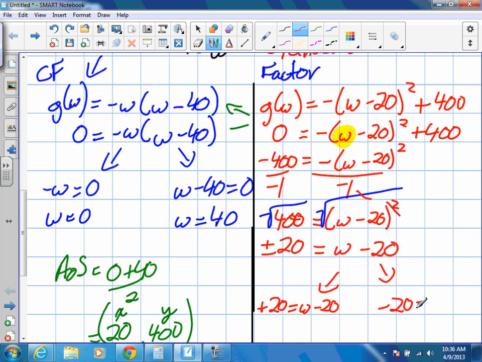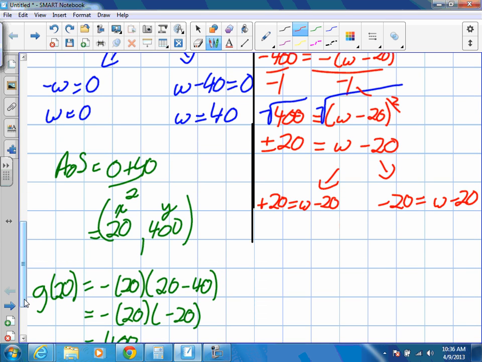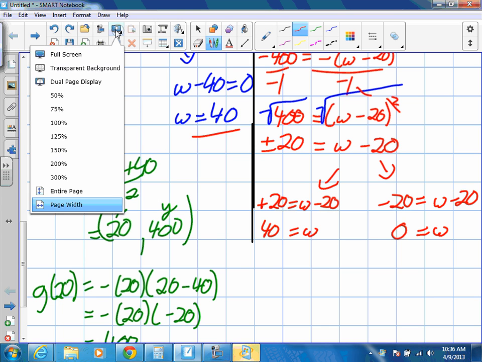Same idea as factoring, because we have two answers, we have to solve for two different answers. So we bring the other 20 over here, and we're going to get w is 20 plus 20, which is equal to 40. And when we bring the 20 over here, it's going to be addition, and in this case, we get w is equal to 0, which are the exact same x-intercepts we had found before. So we could still solve using vertex form, the process is just a little different.